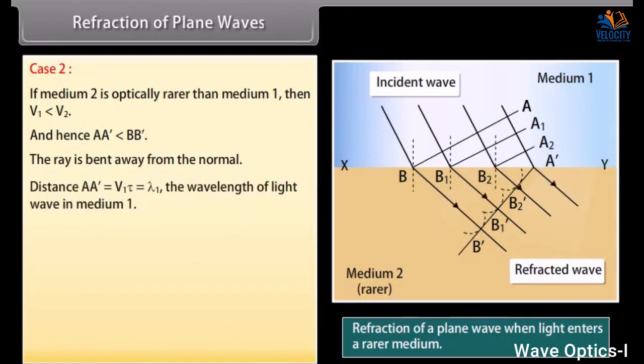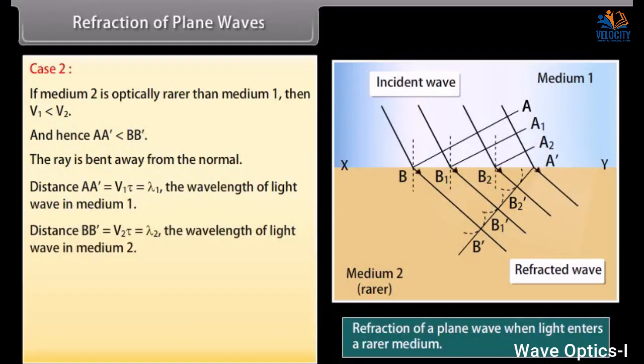Distance AA' is equal to V1 t is equal to lambda 1, the wavelength of light wave in medium 1. Distance BB' is equal to V2 t is equal to lambda 2, the wavelength of light wave in medium 2.